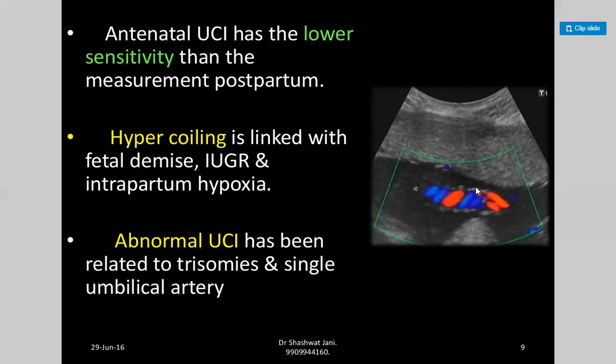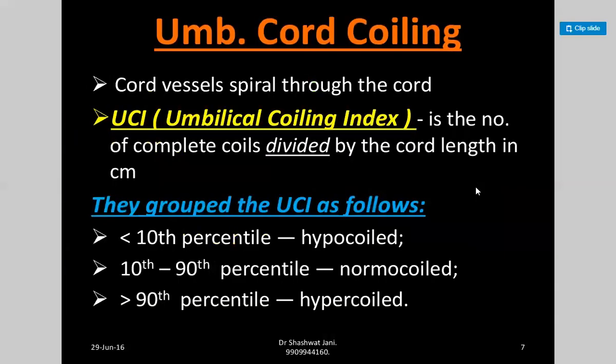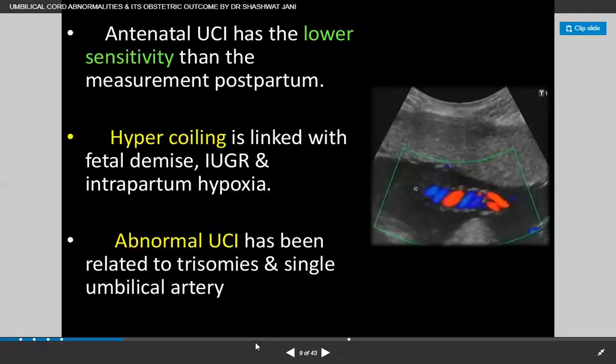Sometimes it leads to intrapartum hypoxia, that is, blood oxygen supply does not take place properly. Abnormal umbilical coiling index has been related to trisomies and single umbilical artery. This one is again an abnormality from the content point of view.